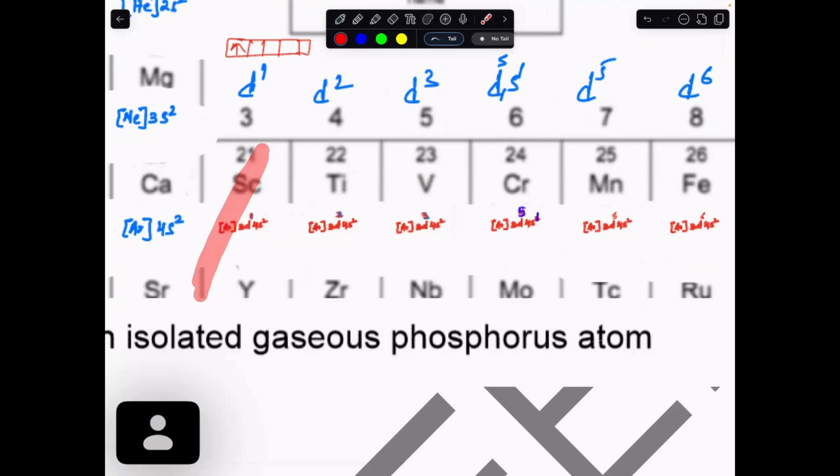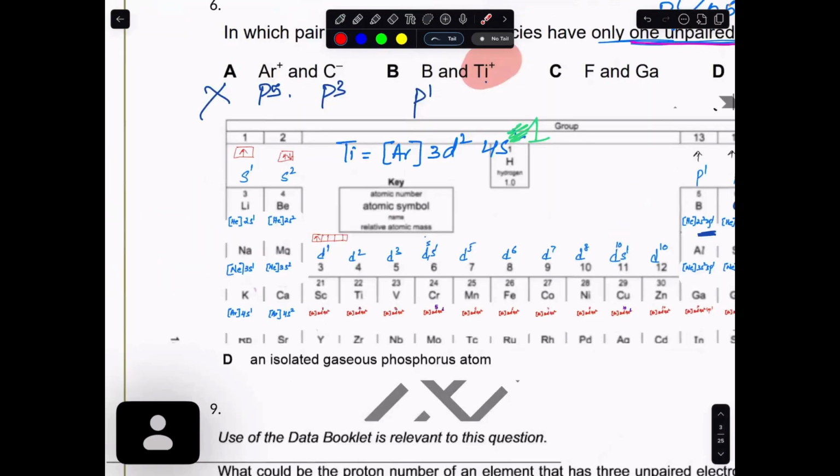After filling 4s, the remaining electrons enter into 3d. So actually, electrons enter into 4s first, remaining into 3d, but once it is positive, losing electrons, which electrons are lost first? The ones which are in 4s. So if it is plus, what is left? 4s1.